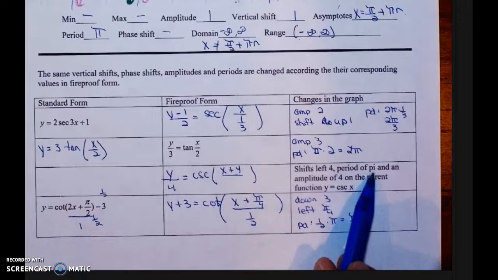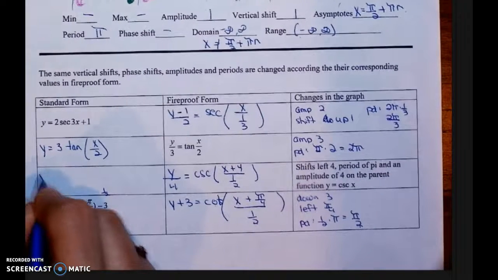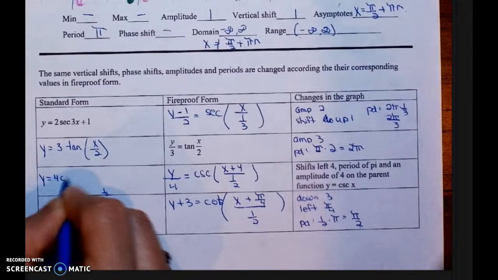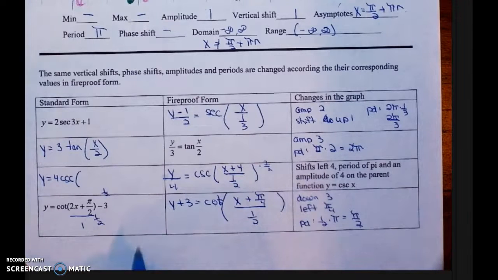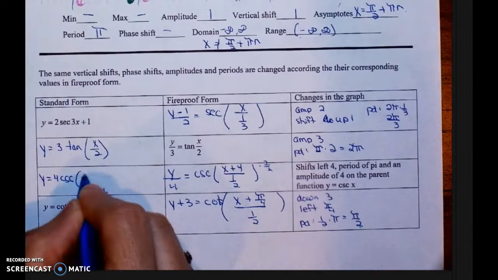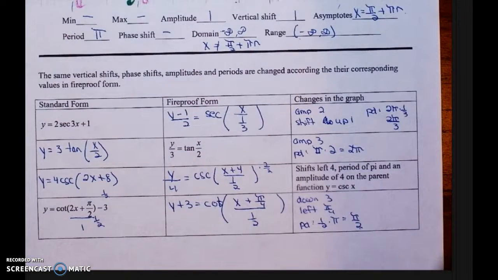The period is normally 2 pi, but in this case it is pi. We're going to write that as 1/2. Finally, flipping that to standard form. Again, I'm going to multiply this by 2 over 2. That would give me a 2x plus 8.